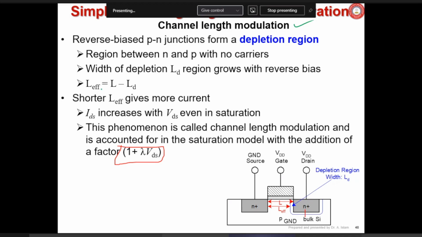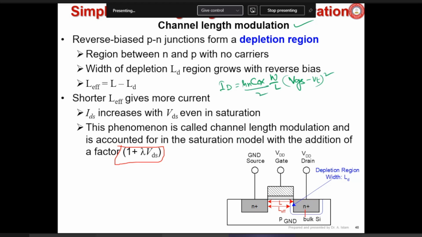So what will happen to the current? It decreases. Current I_D equals beta... no, let me write in full: mu_n C_ox W by L into (V_GS minus V_T) whole square by 2. This is the saturation region current equation.